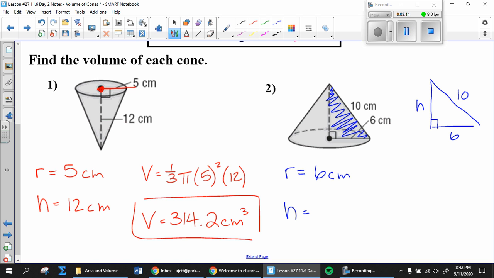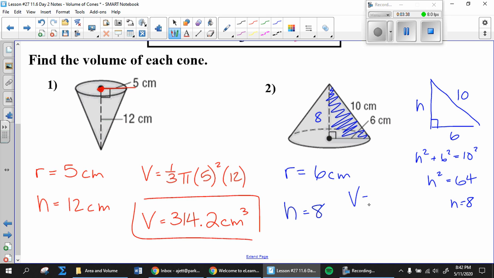We're going to have to use the Pythagorean theorem: h squared plus 6 squared equals 10 squared. So h squared equals 64, and h equals 8. That tells us the height of this cone is 8 centimeters.